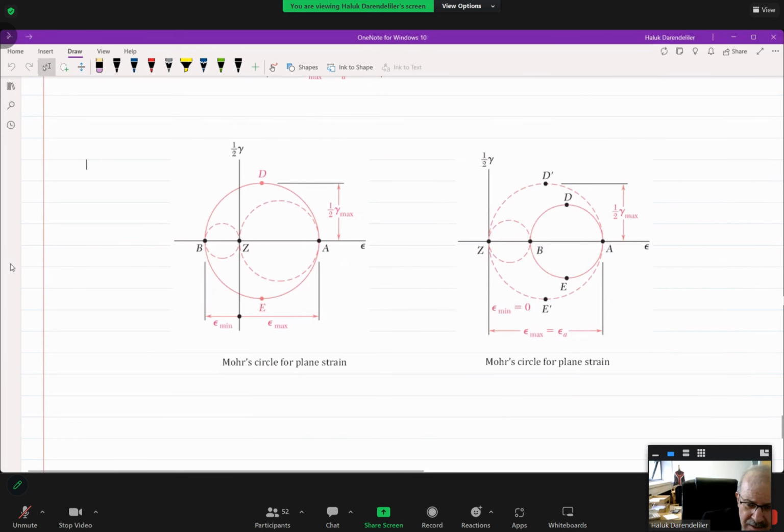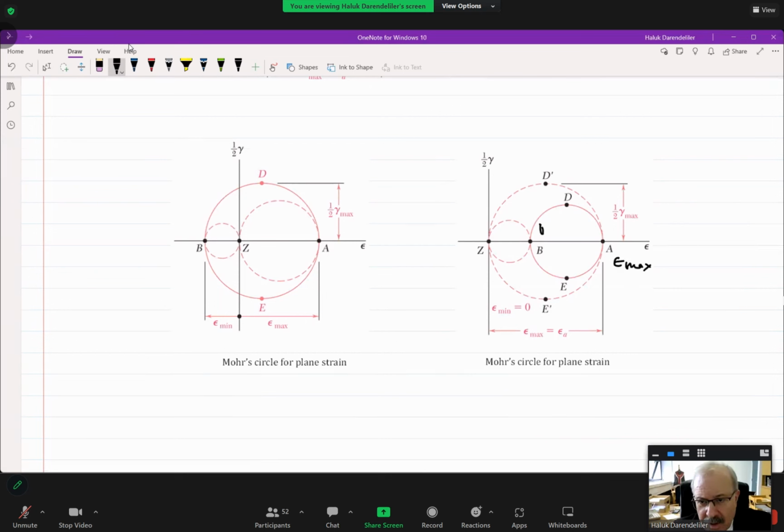In one, the maximum on the right, the maximum and minimum in-plane principal strains are both positive. Okay, so at A we have epsilon max in plane.